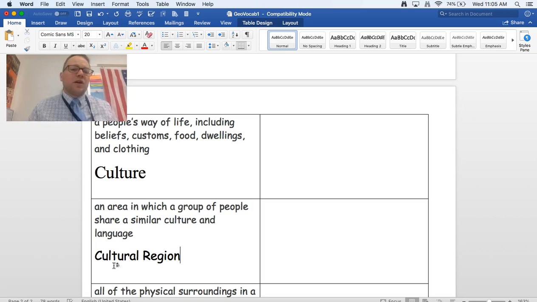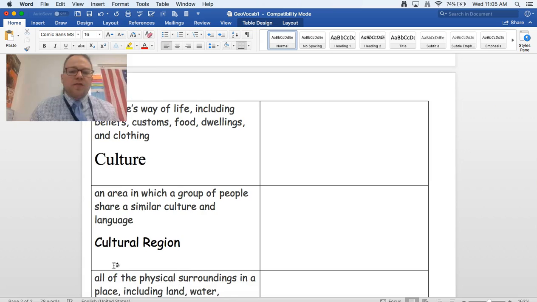You could say something like the American cultural region celebrates holidays like Thanksgiving and Christmas that other cultures don't, because there's some cultures who don't celebrate those two. All right, but that's what you've got to think of, using that example and using something either from the context of the classroom or from present day, but be careful.